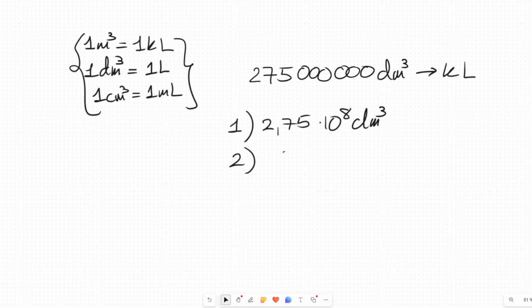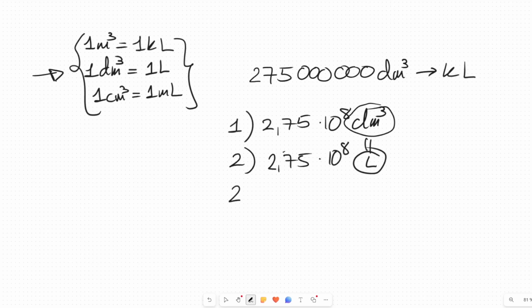Now, second step, and this is the fundamental thing, I have to make an equivalence. I have to look at the equivalences that I have here. I got the cubic meter, the cubic decimeter, and the cubic centimeter. Since a cubic decimeter is the same as a liter, I don't have to write down any equivalence, they're just equal. So I can write down the same number, but in liters.